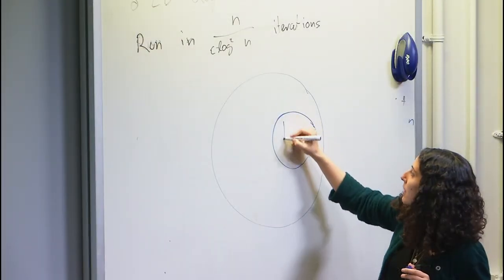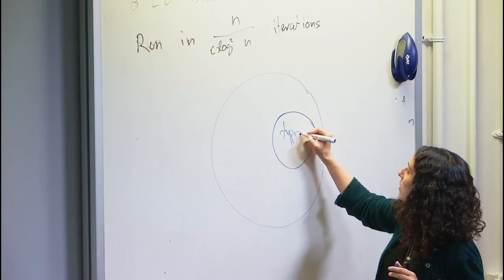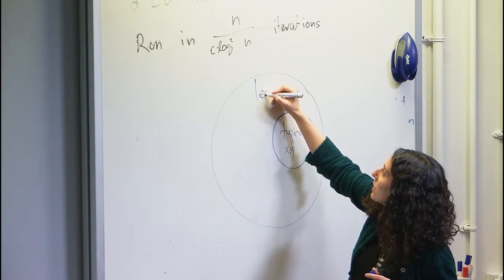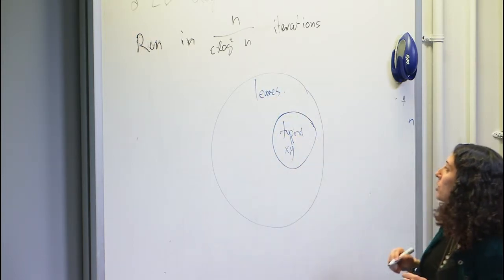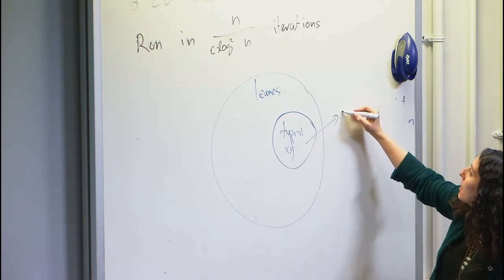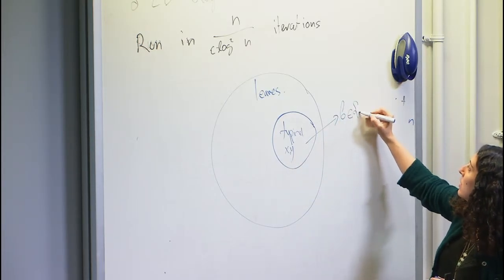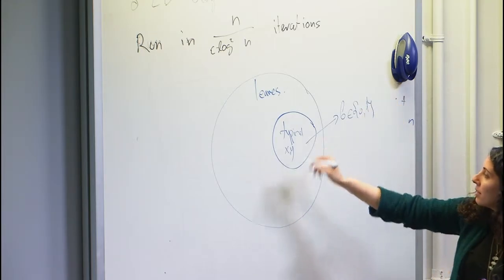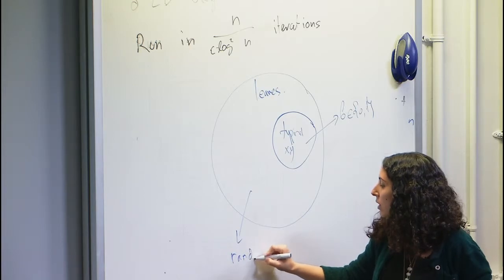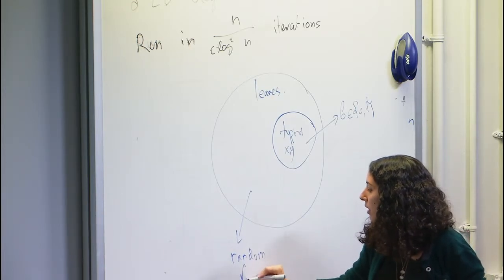Those are the typical leaves. What we do is we want to map the typical leaves to some bit b, and we want to map all the other leaves to a random or arbitrary bit.